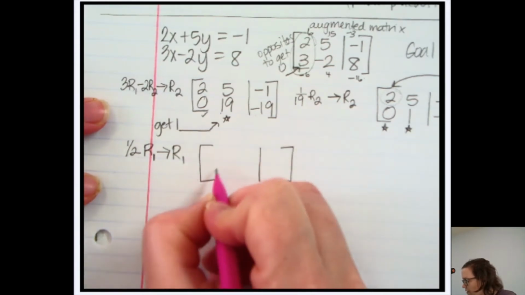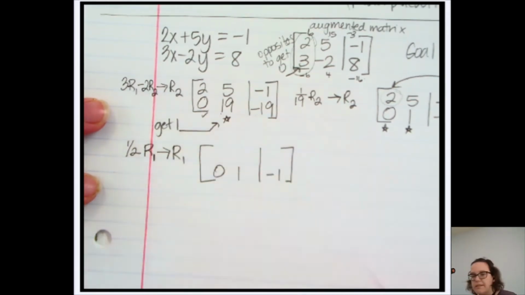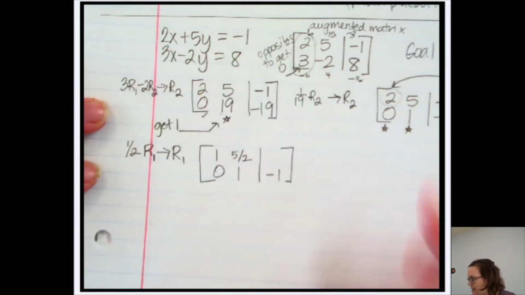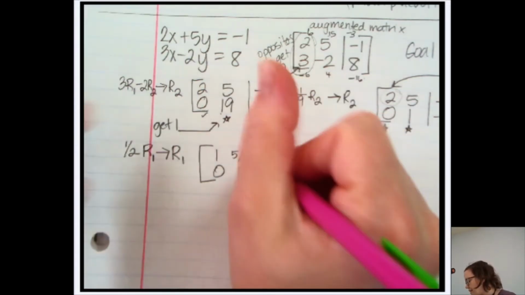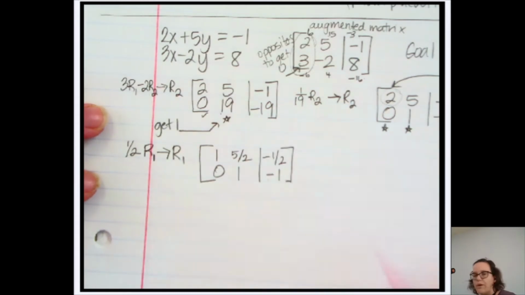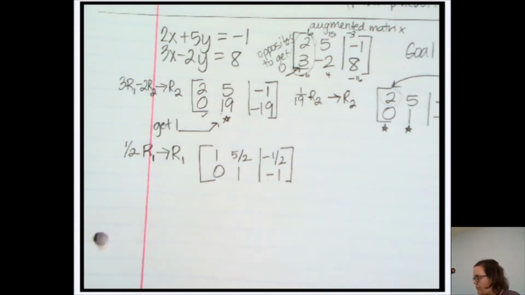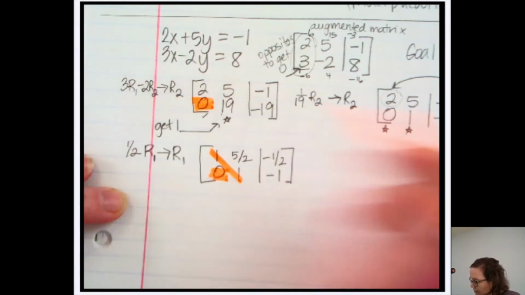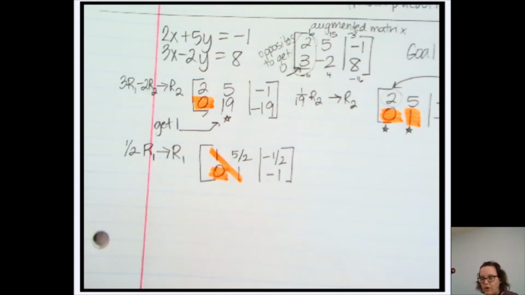Row 2 does not change. We have it where we want it. So 0, 1, -1. Half of 2 is 1. We get 5/2. And then -1 divided by 2, or times a half, is -1/2. Notice we have the 3 numbers that we wanted, the 0s and the 1s in the place that we were going for.